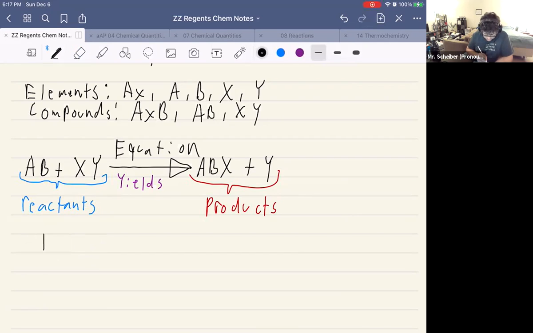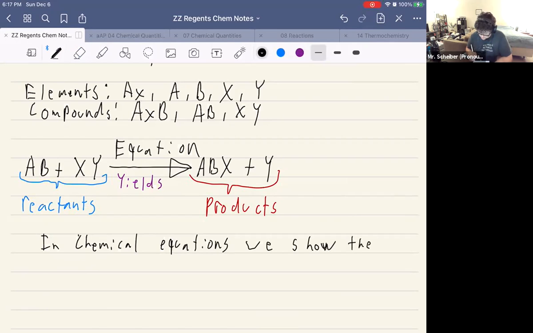That's because in chemical equations, we can show the state of matter. And we do this with subscript letters.